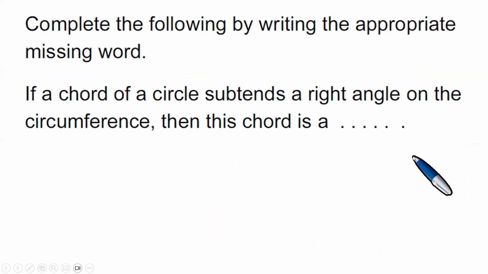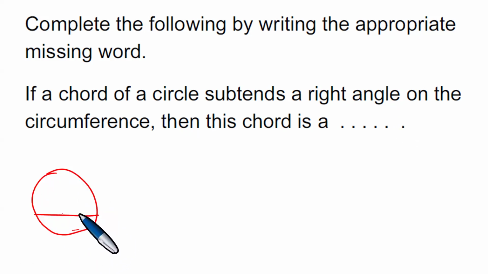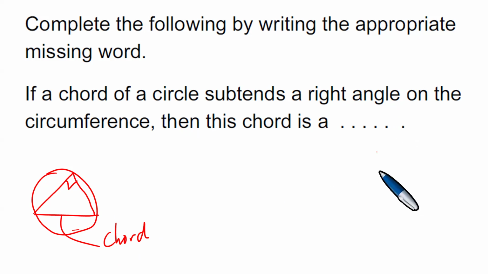We have a chord like this that subtends a right angle at the circumference. What do you call this chord? Diameter, sir. It's the diameter. Well done, Tenulo. It's the diameter.